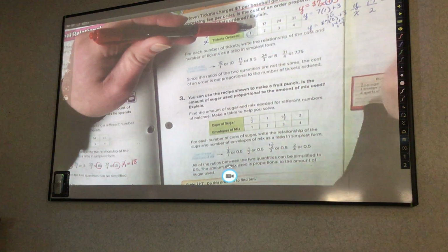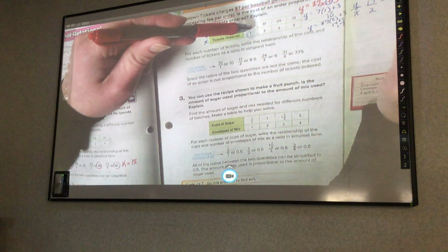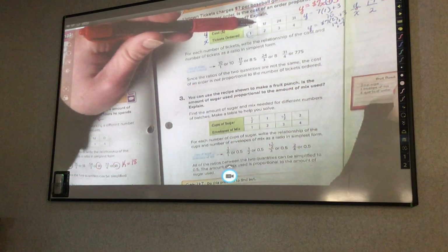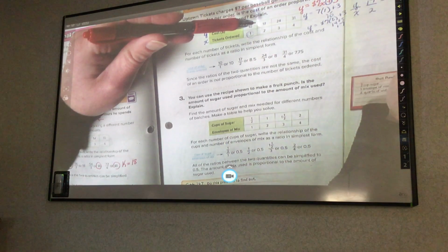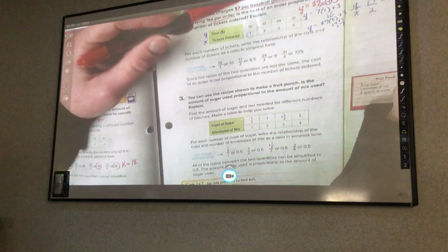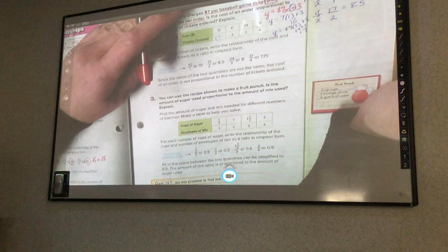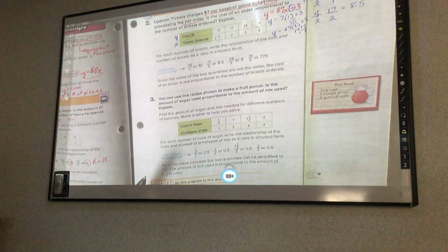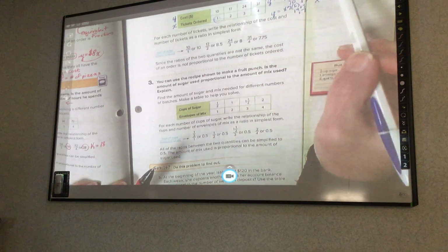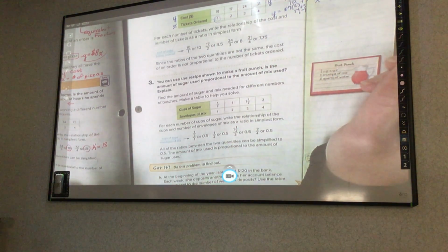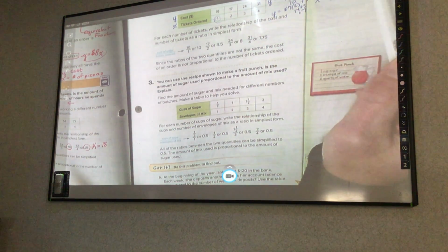What's 17 divided by 2? 8.5. I can actually stop, because do these two equal each other? Nope. So it's non-proportional, because the constant does not equal each other.